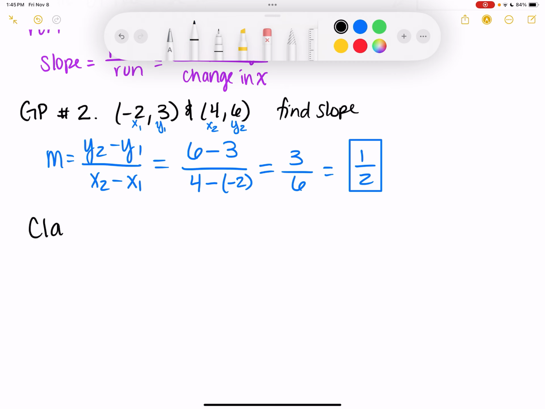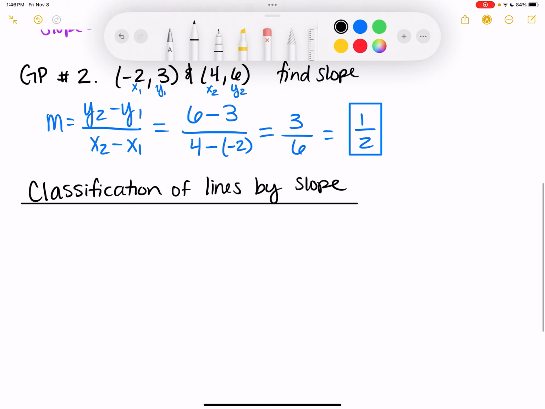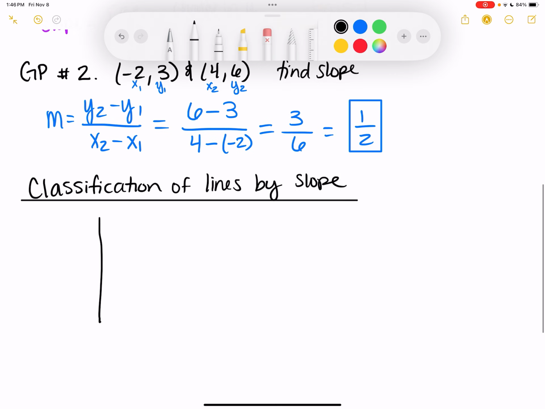So classification of lines by slope. So I'm going to draw 4 little mini graphs here.